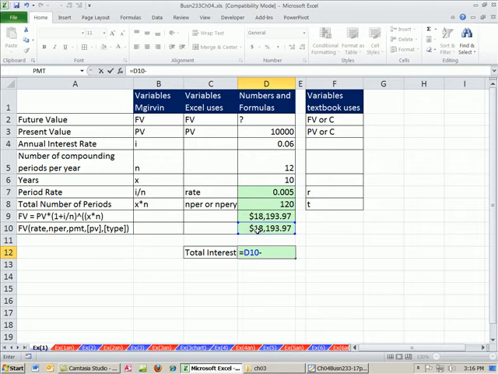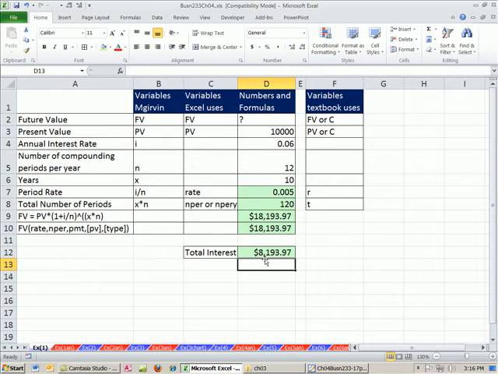Because this is in the future. We're estimating this. By the way, if this is a bank account, we have a contract, so it's pretty guaranteed that we're going to get this. So there we are, total interest, the amount we got out after 10 years, and minus the amount we deposited.